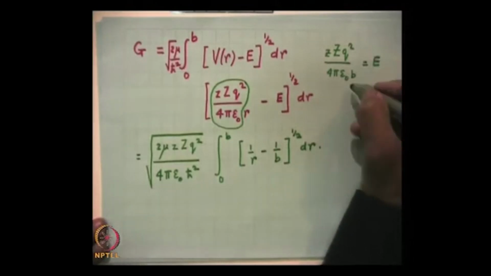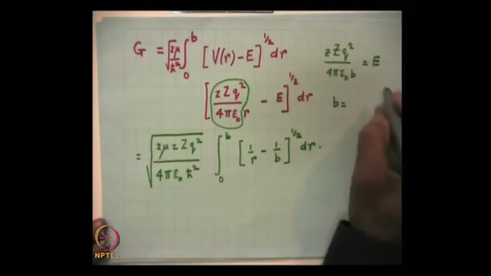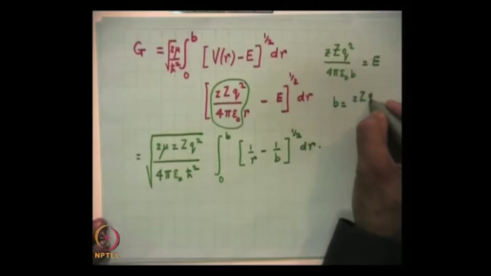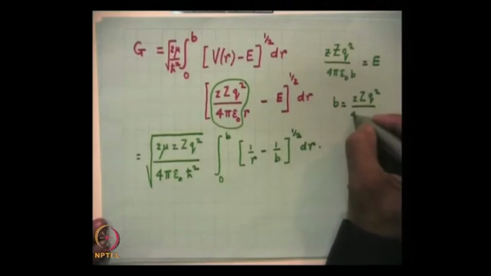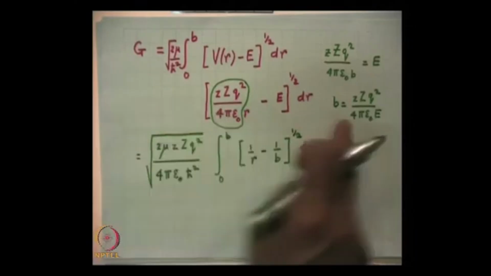So, b is therefore equal to z q square by 4 pi epsilon naught E. E is the energy of the alpha particle. Okay. Now, let me integrate this, and then we will come back to this.